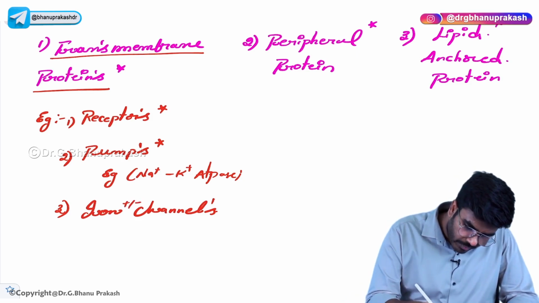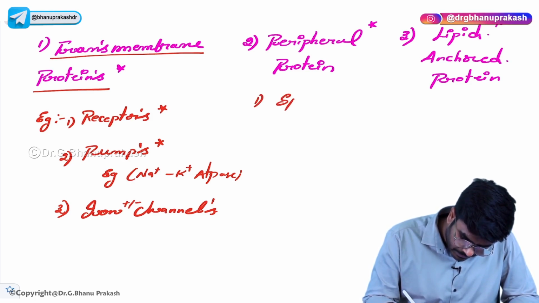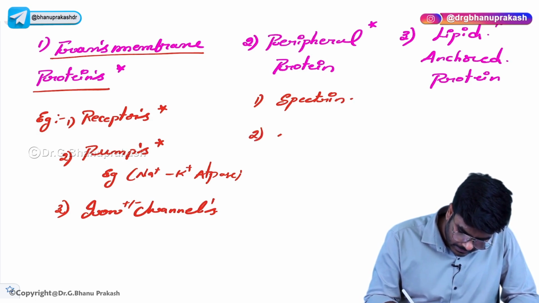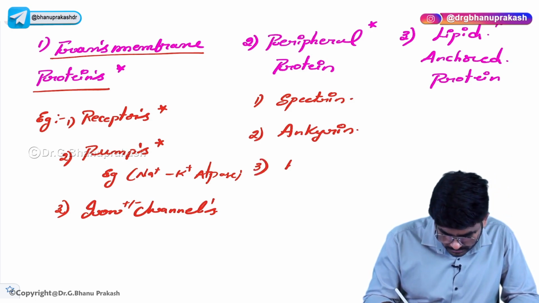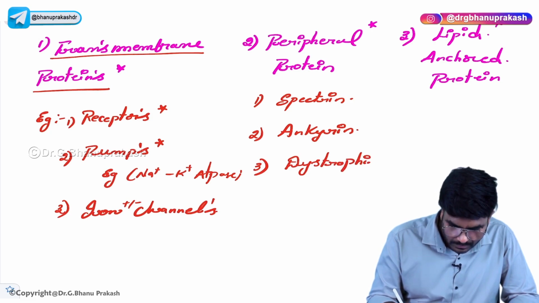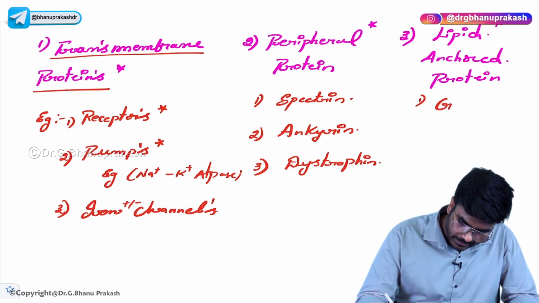Now, what are the examples of peripheral proteins? Peripheral protein examples are spectrin, ankyrin and dystrophin. And lipid anchored protein examples are GPI.